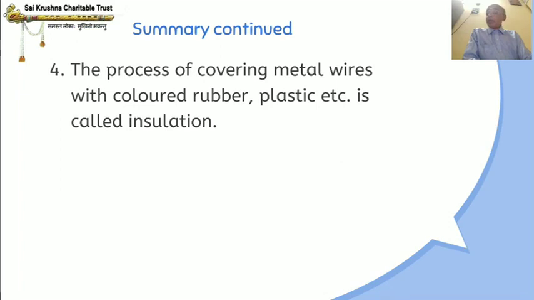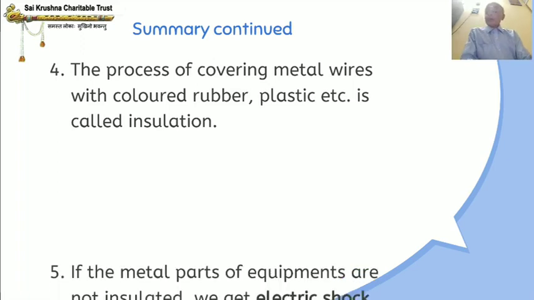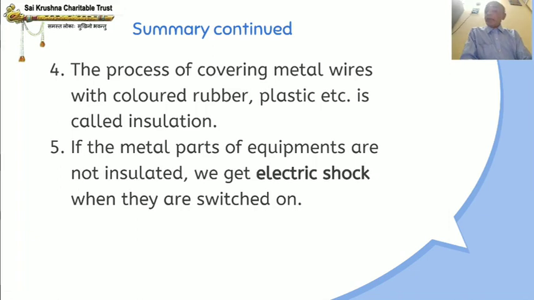Then the process of covering metal wires with colored rubber, plastic, etc. is called insulation. Right? And if the metal parts of equipments are not insulated, we get electric shock when they are switched on.